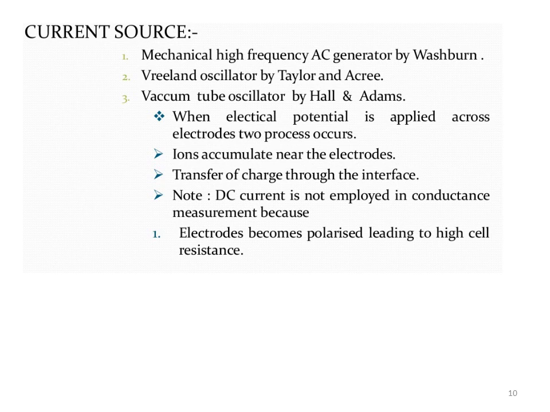The loop coils in two opposite directions in two half cycles, so it generates an alternating current with a high frequency. That is why it is called a mechanical high frequency AC generator by Washburn. It was created by Washburn.